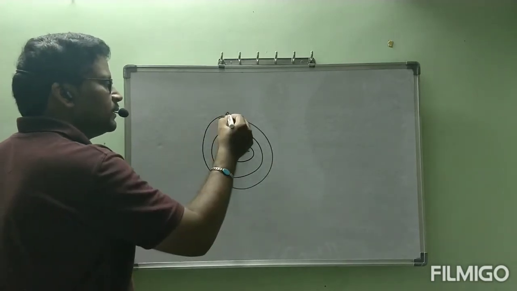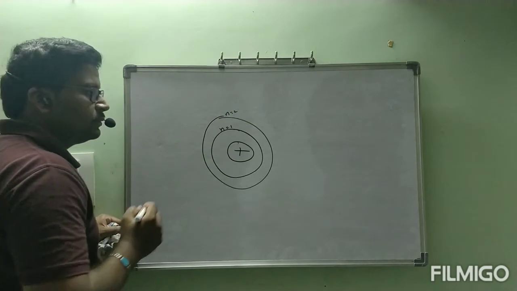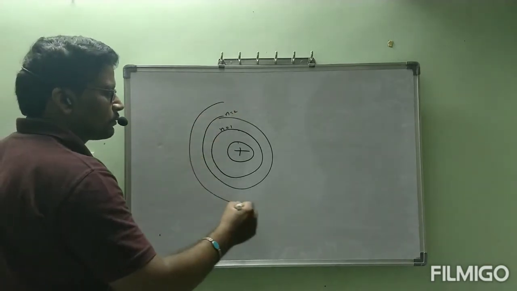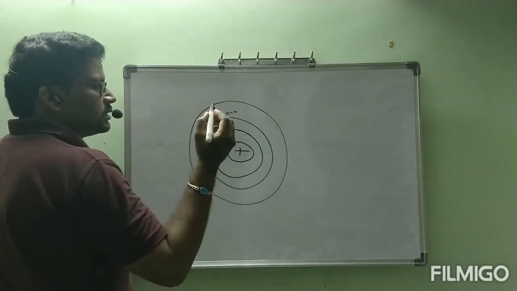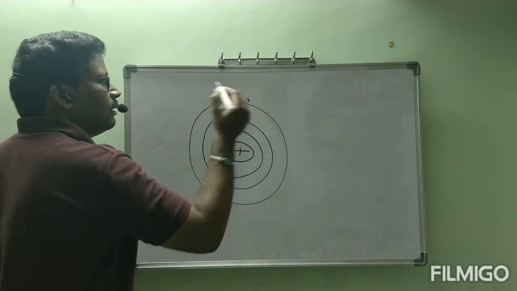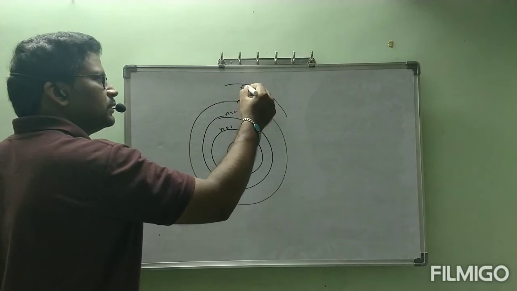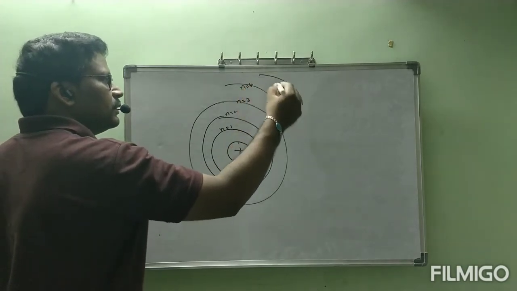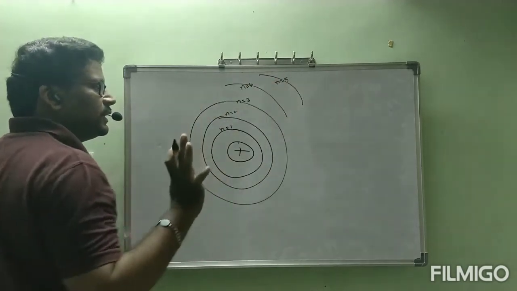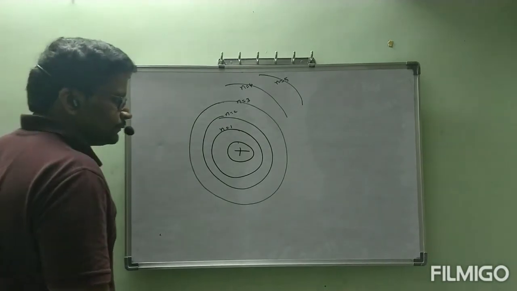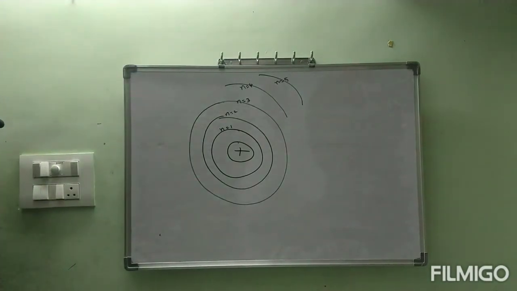This is the second orbit, n is equal to 2. This is the third orbit, n is equal to 3. Next, fourth, n is equal to 4, n is equal to 5. Up to 5 shells I took as an example.